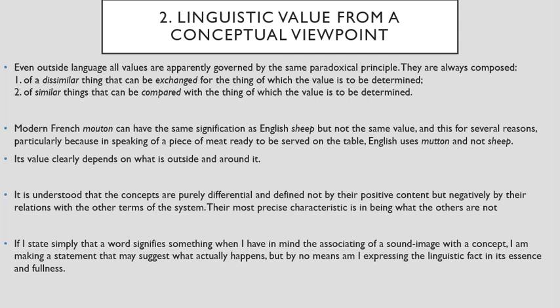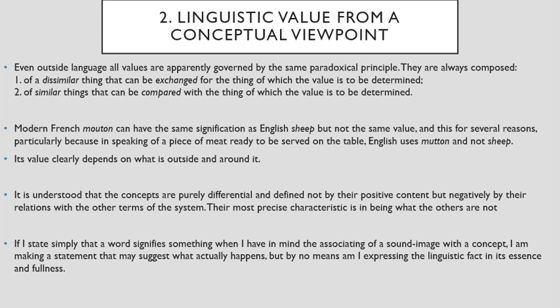And then it can be compared with a similar value of the same system, like a 1 franc coin instead of a 5 franc coin. So it's a similar thing, but with a different value. This is so difficult to explain.